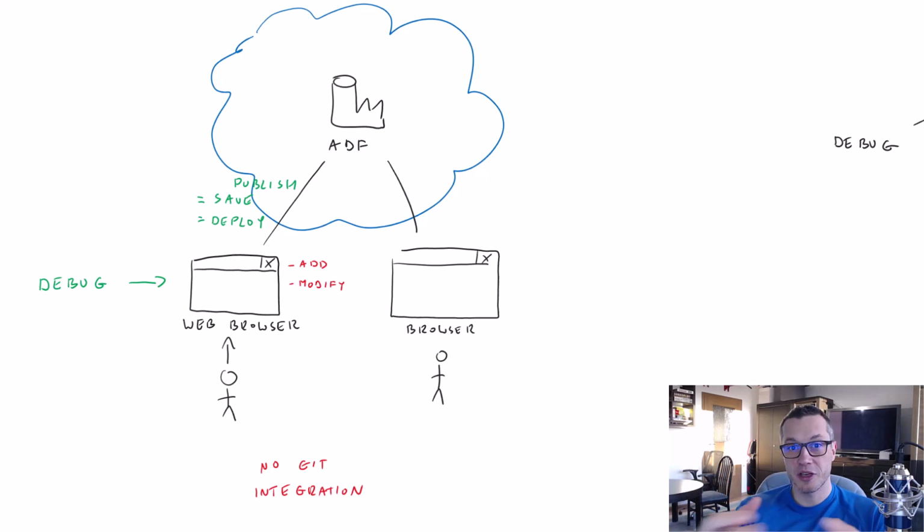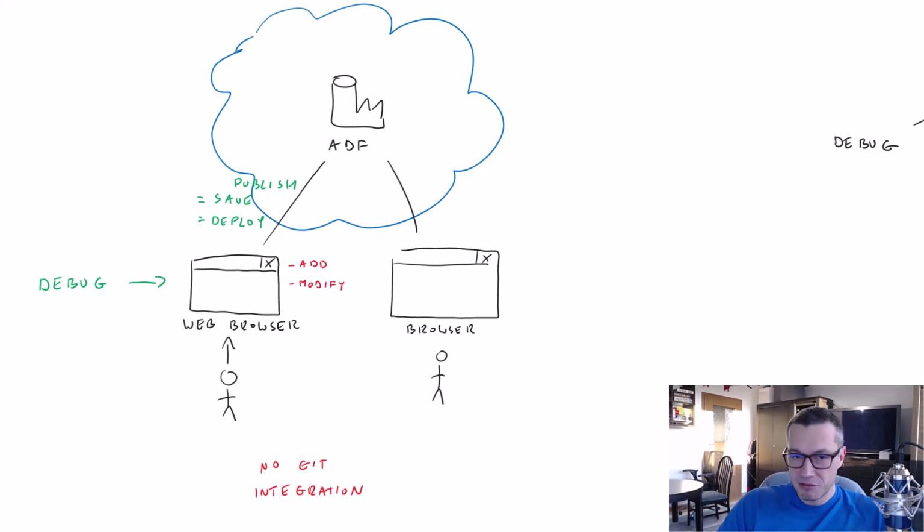So the only way to share the code and to work as a team on various features is to deploy them to Data Factory. But again, those changes might not be ready yet to be deployed, which is pretty bad. Then we don't have versioned code in this mode. We don't have pull requests. We don't have automated CI/CD pipelines. So basically, this no-Git integration mode is not recommended.